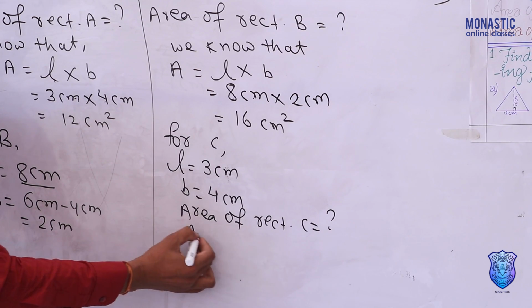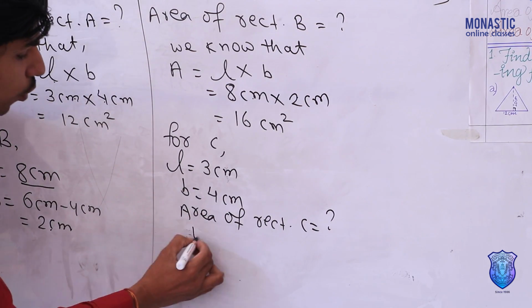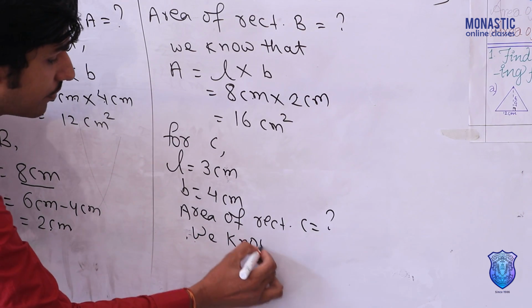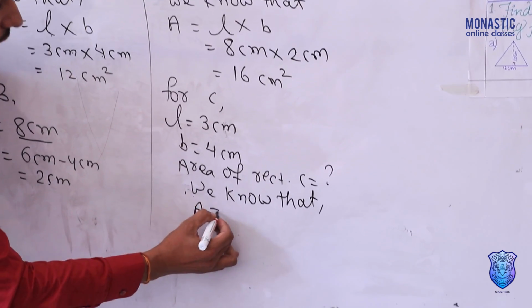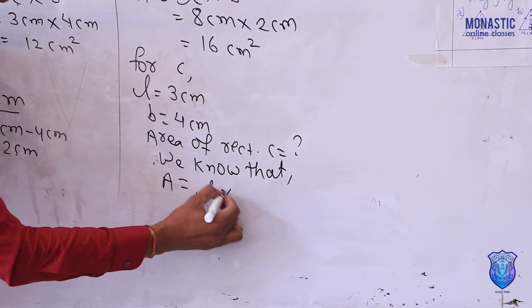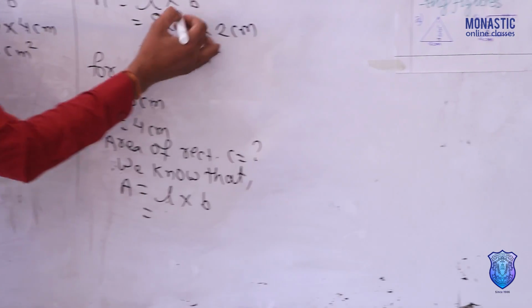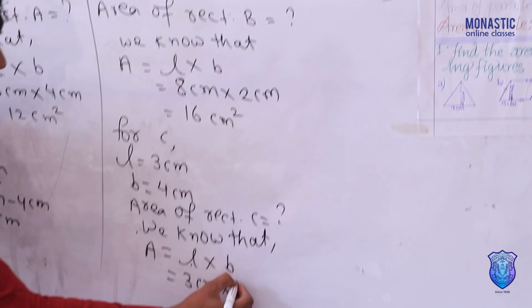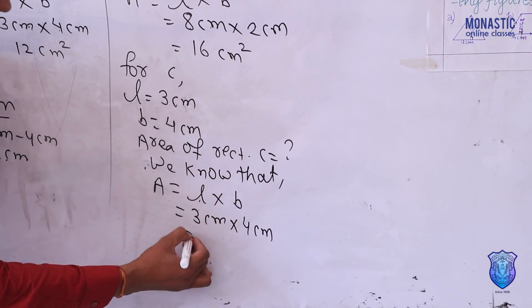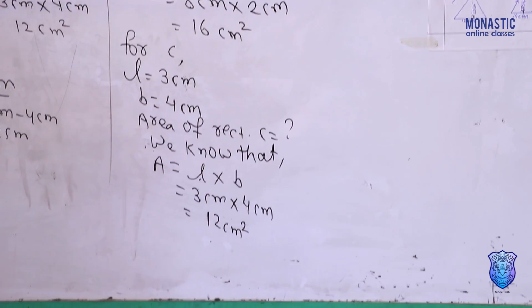Similarly, we know that area is equal to L into B. Length, how much is given here? 3 cm. Breadth, how much? 4 cm. It means 4 3s are 12 square cm.